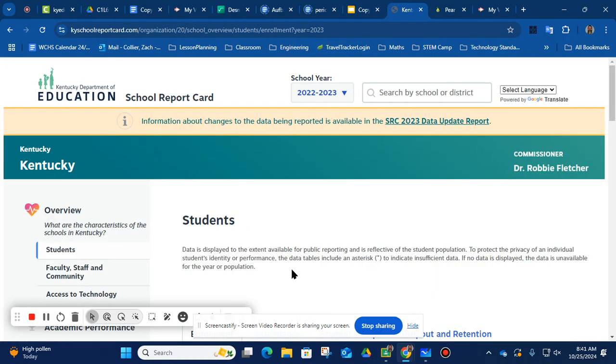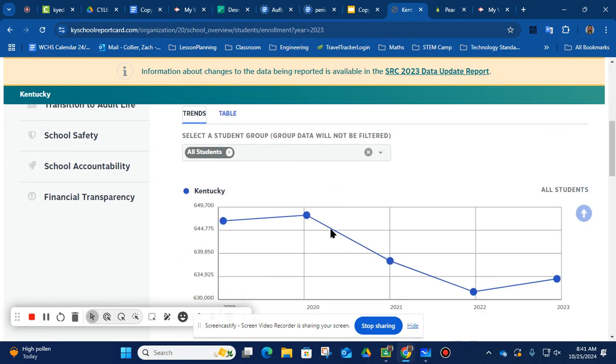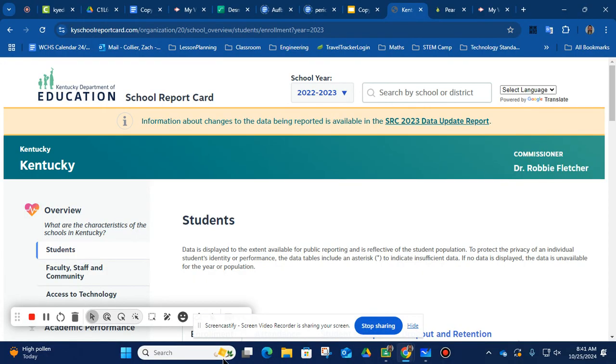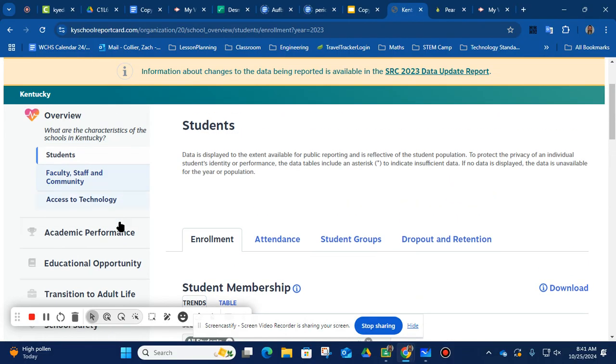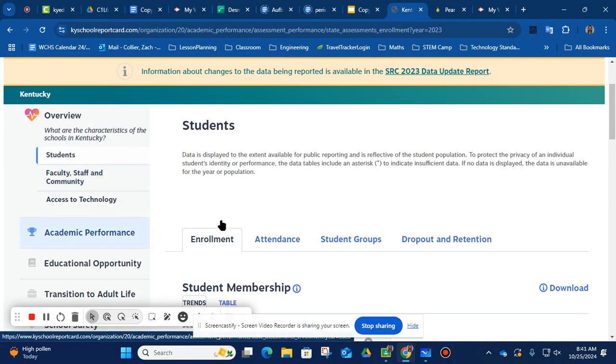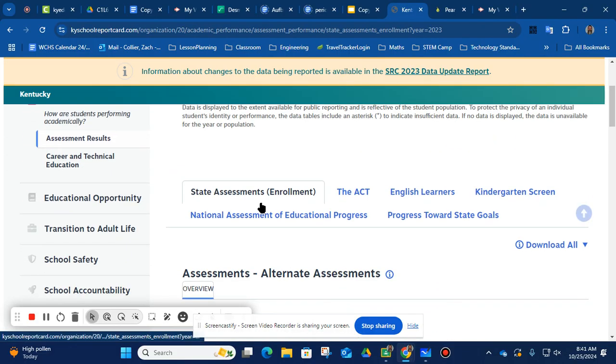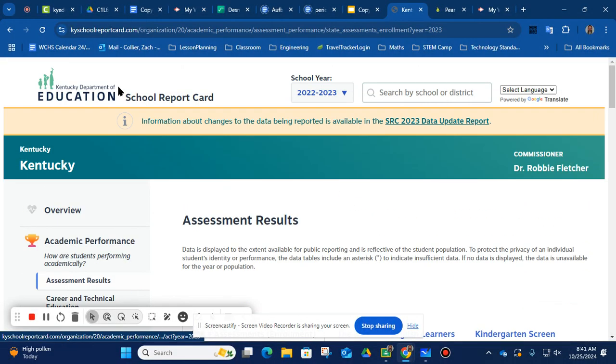This is why. If you go to the school report card and are able to finally find it, it's not impossible to find this. It's already changed it on me. I think they're actually hiding things from us on purpose.